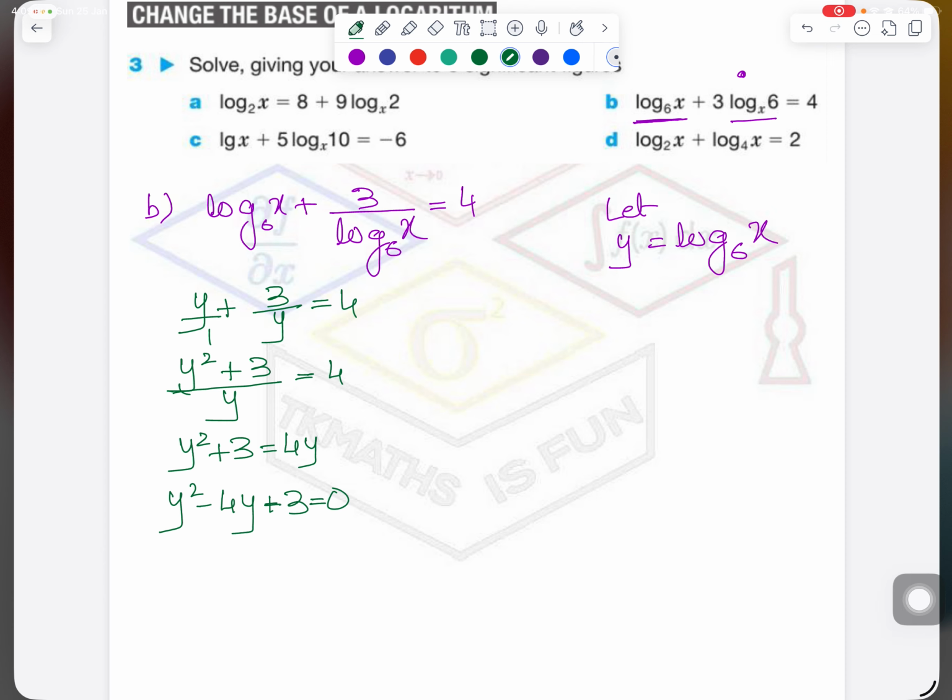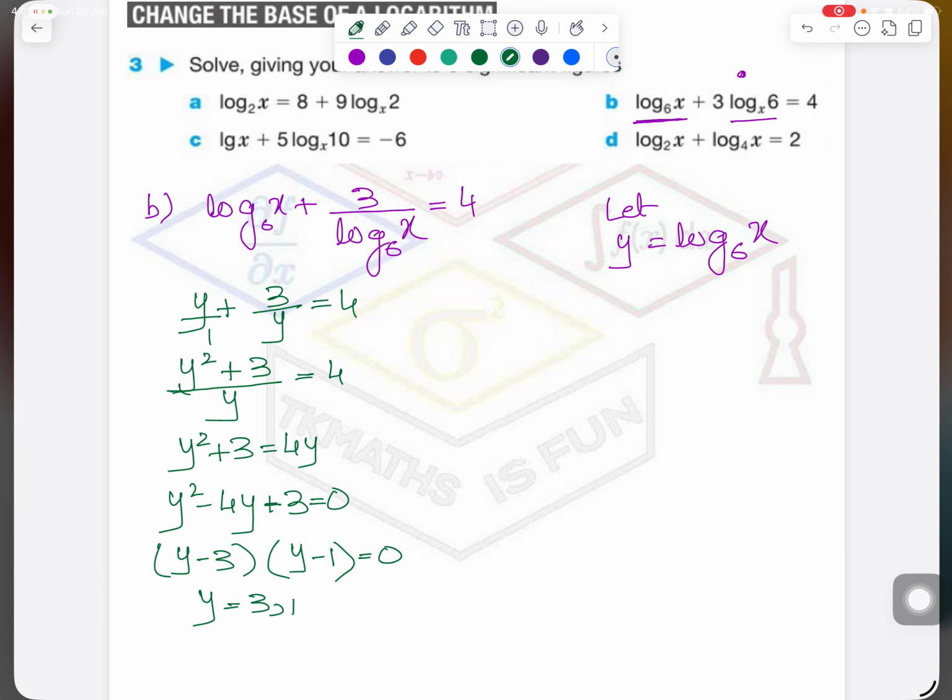So you can use the calculator. So it is y minus 3, the factors, and y minus 1. So I got the two values of y here, which are 3 and 1.